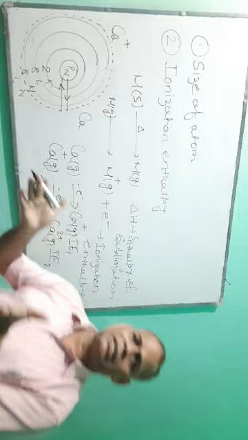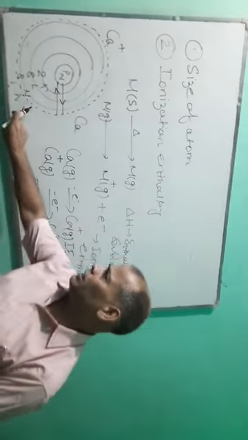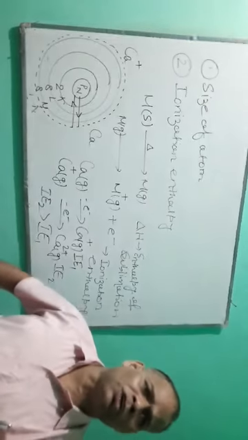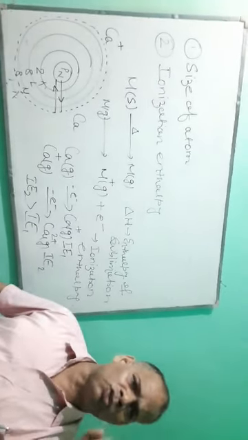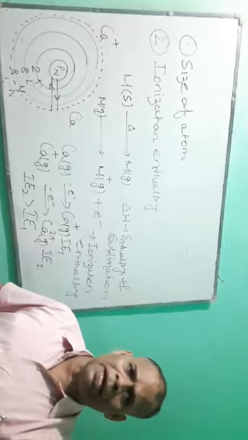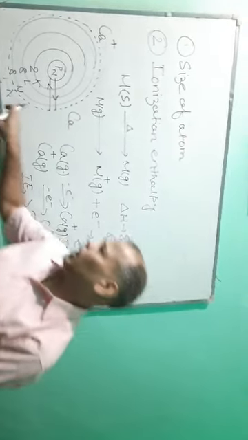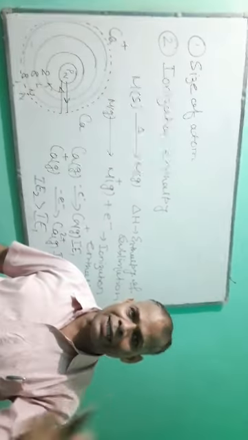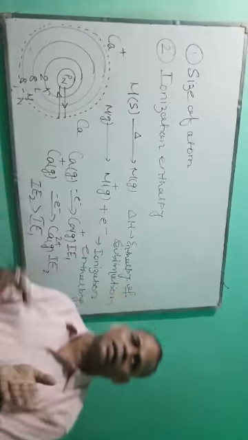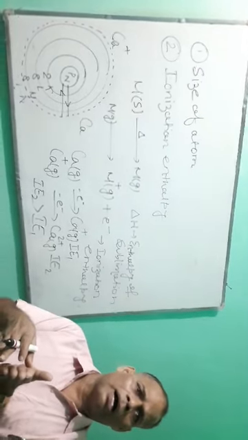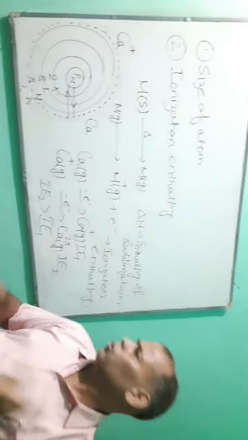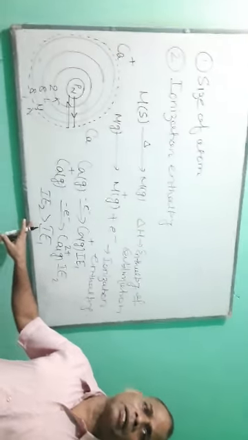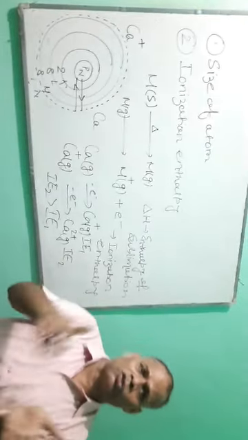Losing two electrons becomes a little tougher than losing one electron due to energy consideration. That's why calcium is less reactive as compared to sodium.